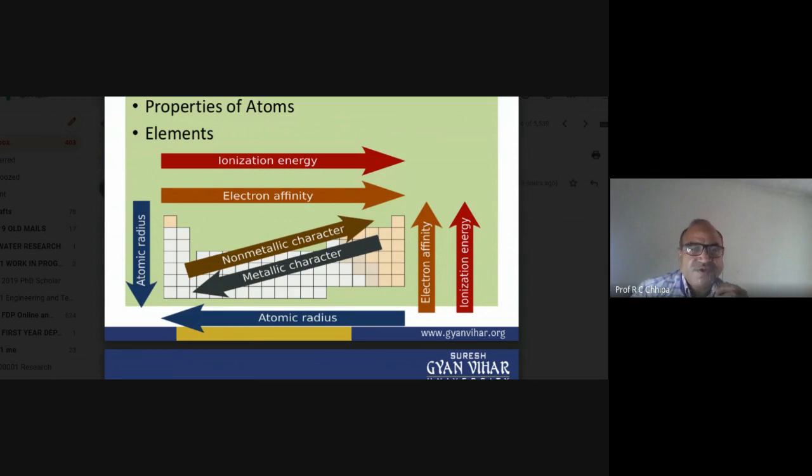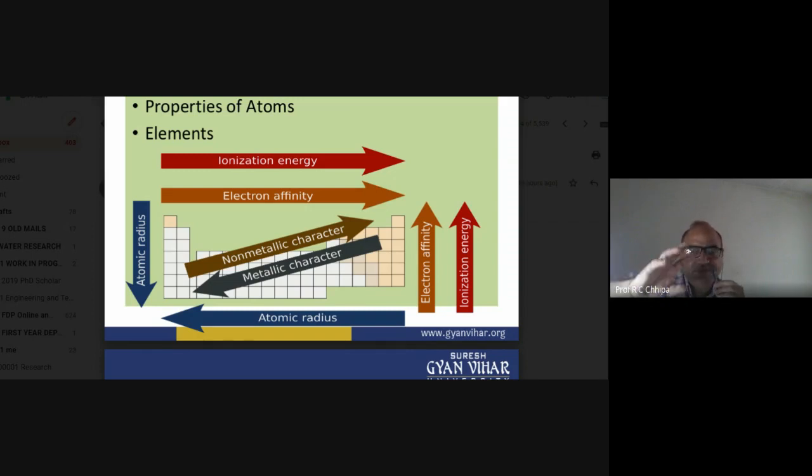Whereas in case of chlorine, because of the high ionization energy, chlorine does not form the chlorine cation. So what we have are the whole different characteristics. Major ones are the four: the atomic size, the ionization energy, the electron affinity, and the most important one also, that is the electronegativity.